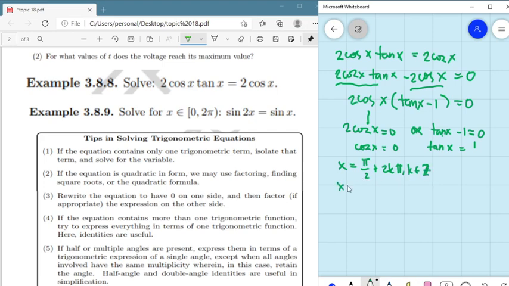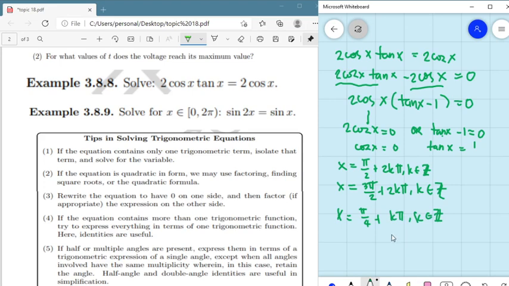Another one is cosine x equals 0 at 3 pi over 2 plus 2k pi, wherein k is an element of the set of integers. Then we have tangent x equals 1. Tangent is 1 at pi over 4. So x equals pi over 4 plus k pi, wherein k is an element of the set of integers.